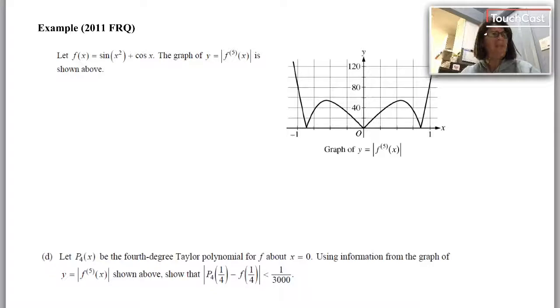So let's say that we call P4 the fourth degree Taylor polynomial, the one that you made back in part C. Using information from the graph, show that, and then look at this expression they've given you. It turns out that what's inside the absolute value bars, the absolute value of P sub 4 of 1/4 minus f of 1/4, is just another way of saying the error.